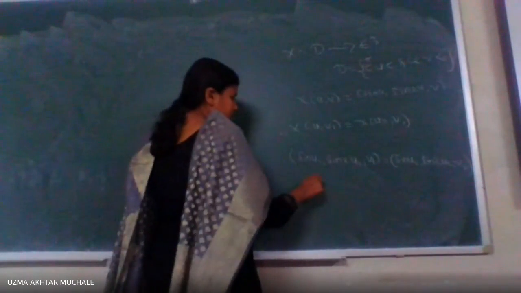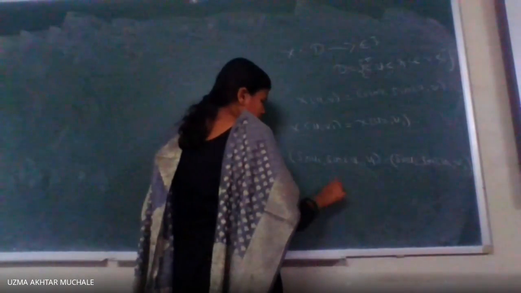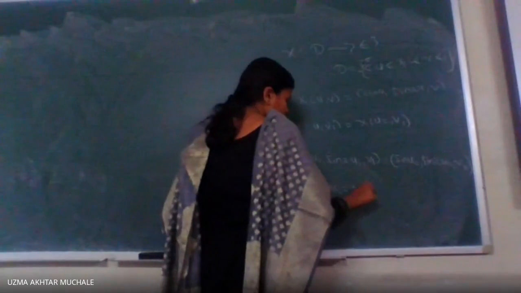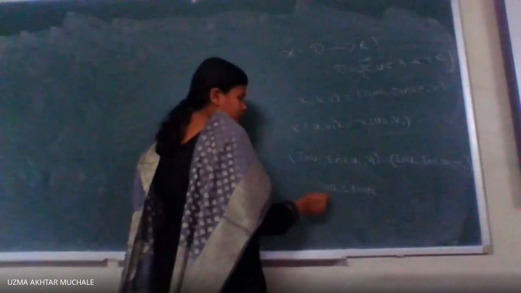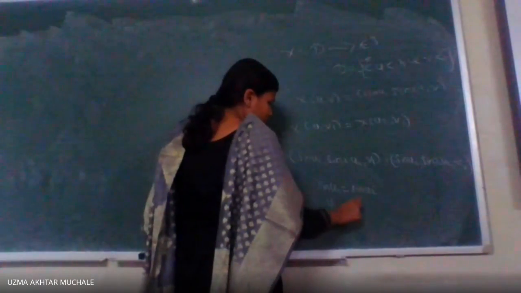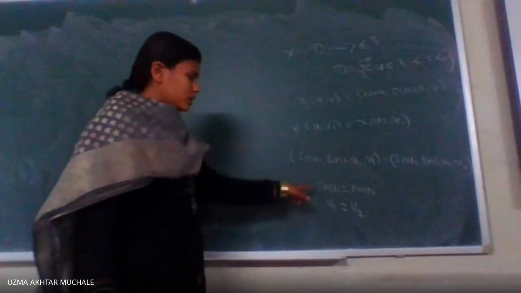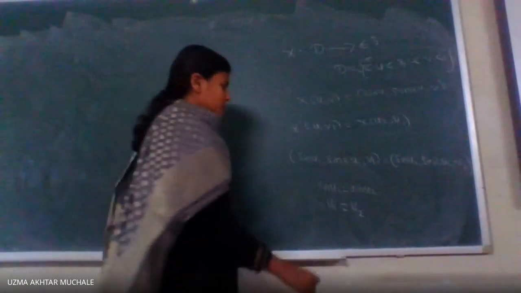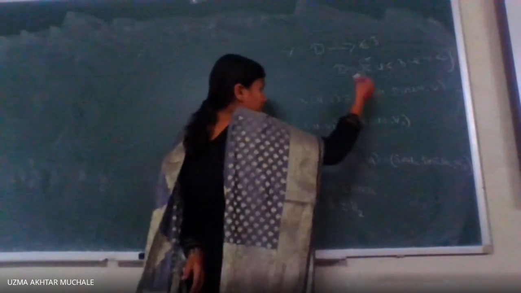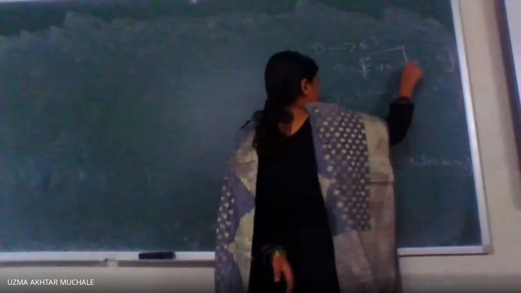By coordinate-wise equality, we get sin of u1 is equal to sin u2. Obviously, sin will be equal when u1 and u2 are equal, but provided this is in the domain itself.